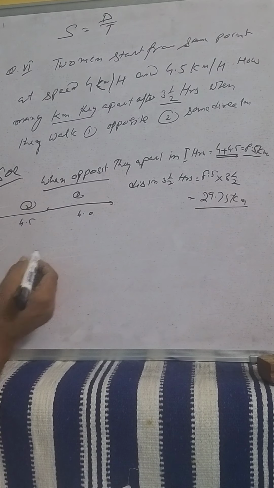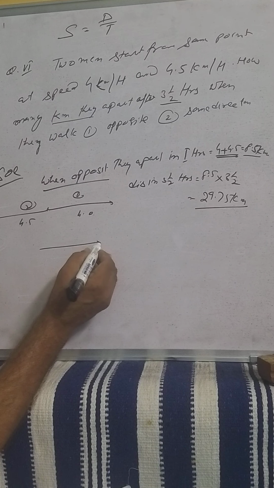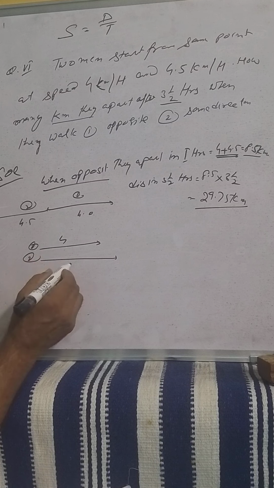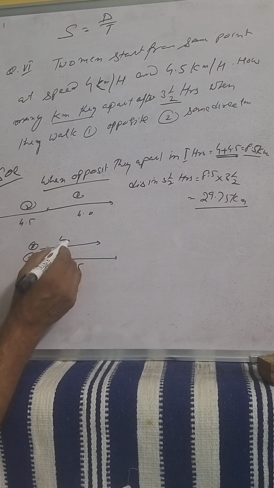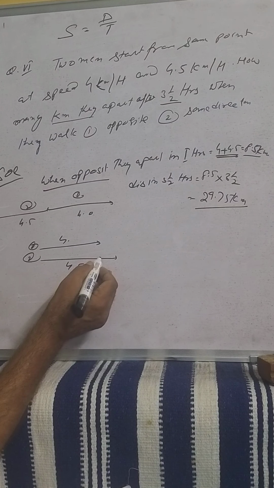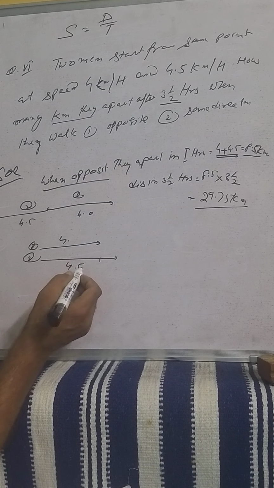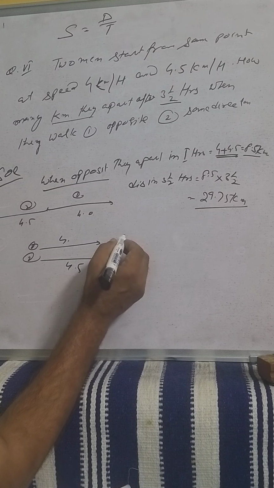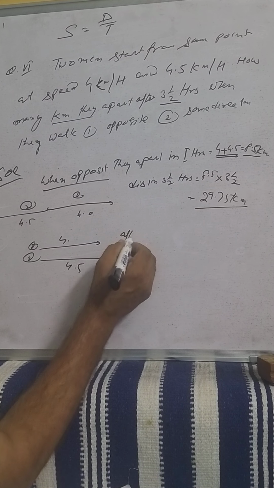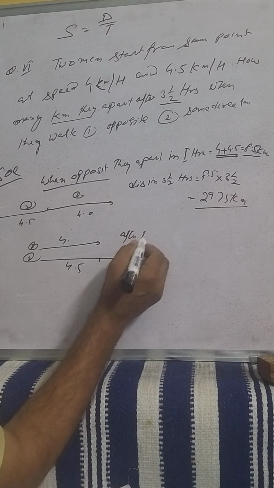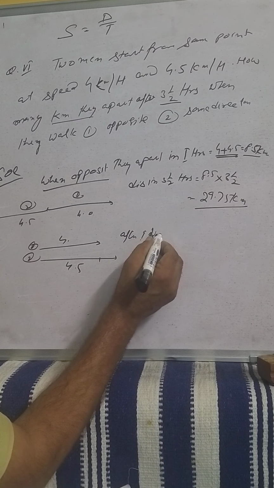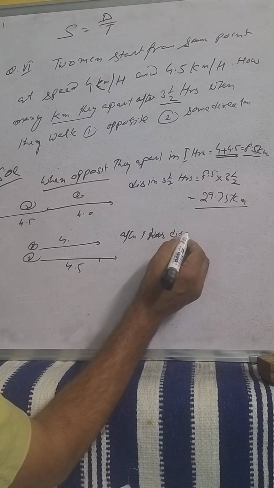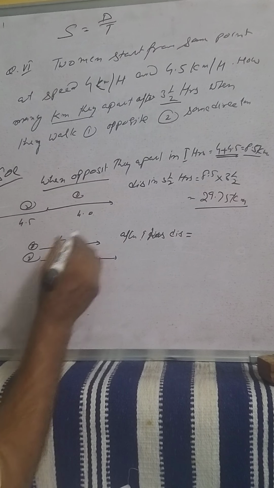Now we take when they are in the same direction. This is the first person, this is the second person, this is their speed, and after 1 hour they will be apart at a distance of 0.5 kilometer. After 1 hour the distance apart will be equal to this minus this.